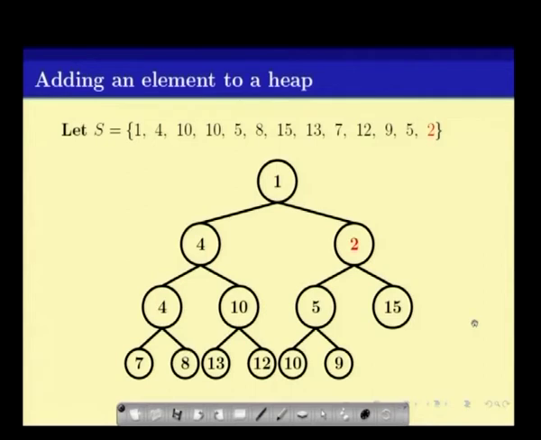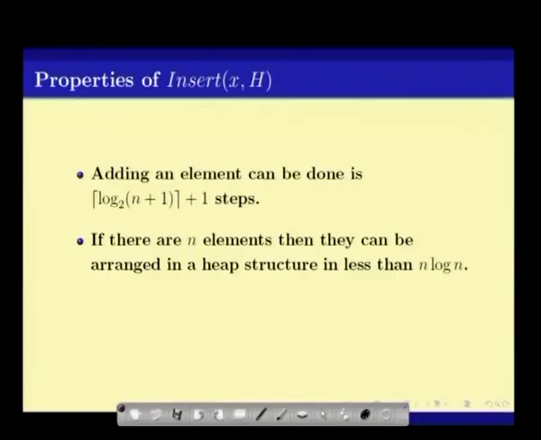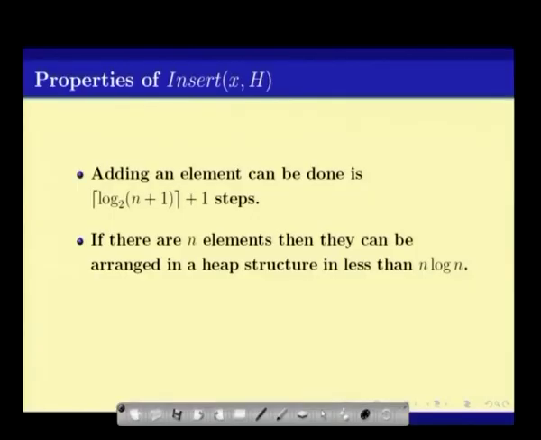So, in other words, I can add an element to this set in just log n plus 1 steps. Log n plus 1 is because we might have to go through the whole path to the root. The other important thing is that if I have n elements, then we can construct a heap for all the elements using just n log n steps.